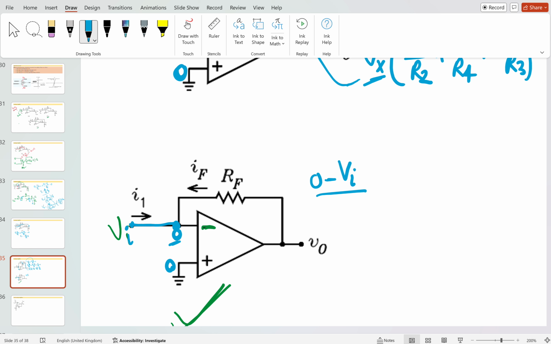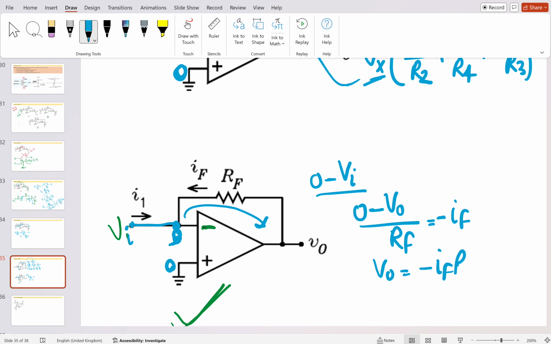So the current flowing in this loop will be (0 minus V output) divided by RF, which is equal to IF, getting a minus times IF. So V output is simply equal to minus IF times RF, and the V input is 0.